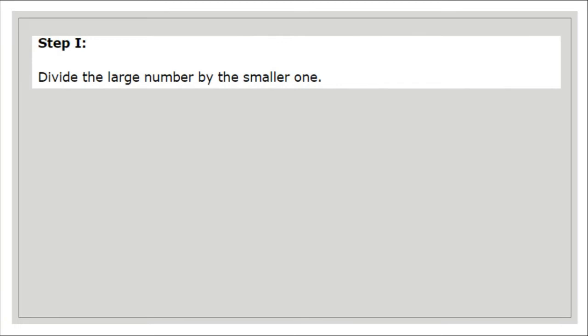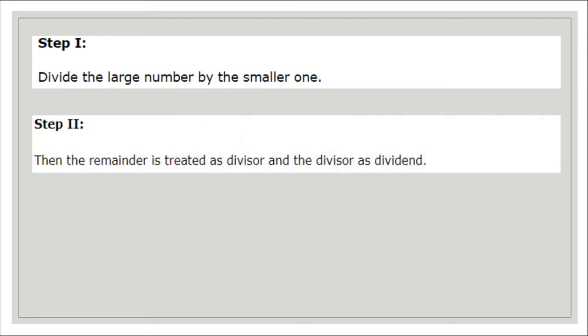The second step is, the remainder is treated as a divisor and the divisor is treated as a dividend, so further we continue division. The remainder is considered as a divisor and the divisor is considered as a dividend. This is a little confusing, right? We will take up an example, then you will really understand it.